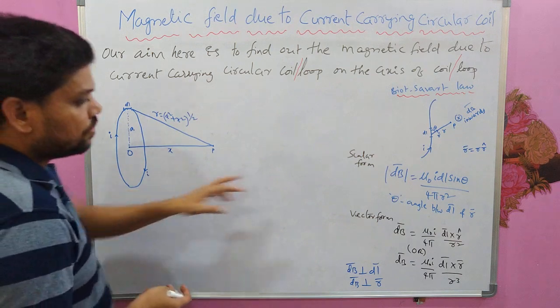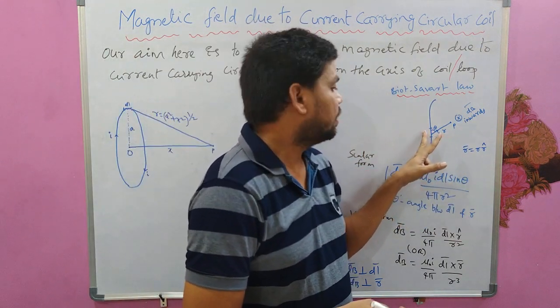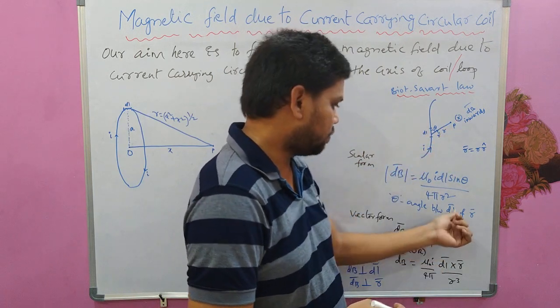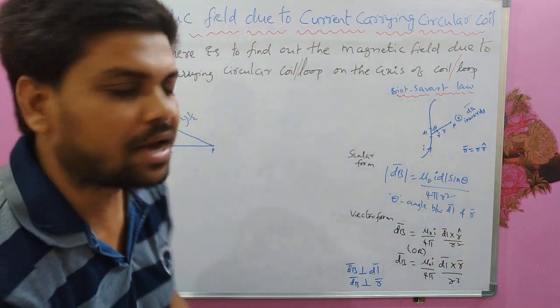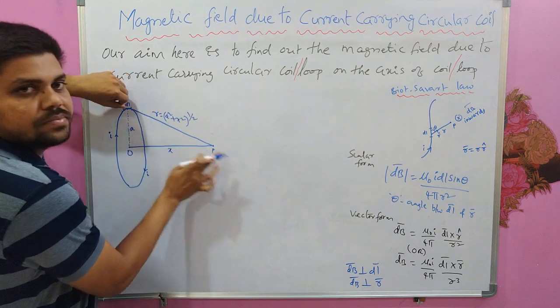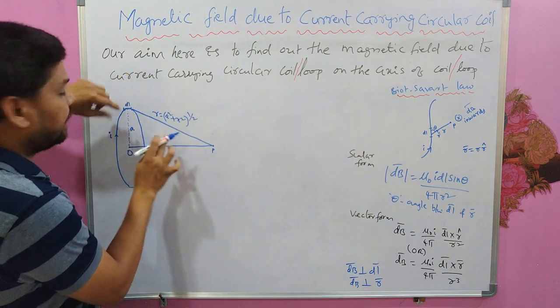Okay. Now what is theta from Biot-Savart law? Theta is the angle between dl and r bar. What is r bar? r bar is a vector along the line joining dl and P. So this is the r bar vector, and dl is here.